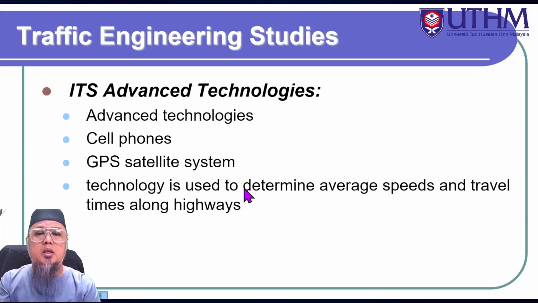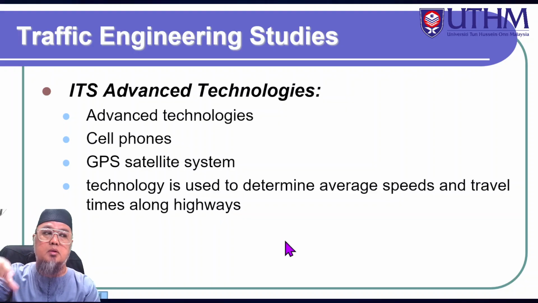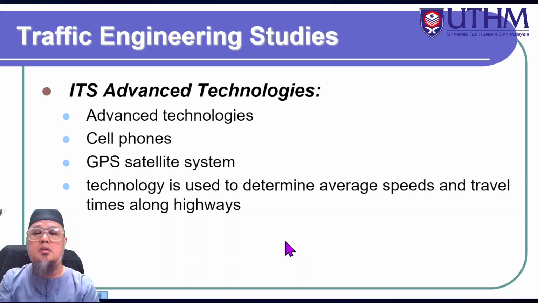Okay, for the other, advanced techniques, we can also determine the travel time using GPS, apps, and also devices already installed at particular areas of the highways, or devices put in as sensors, maybe loop detectors, cameras, or infrared cameras.